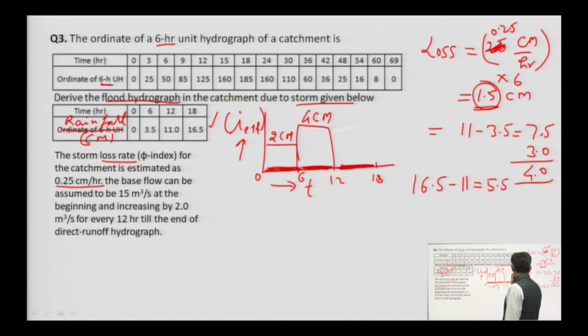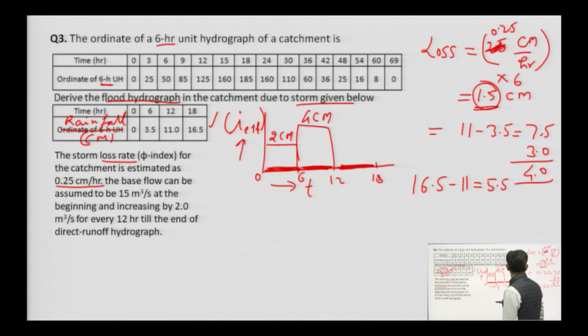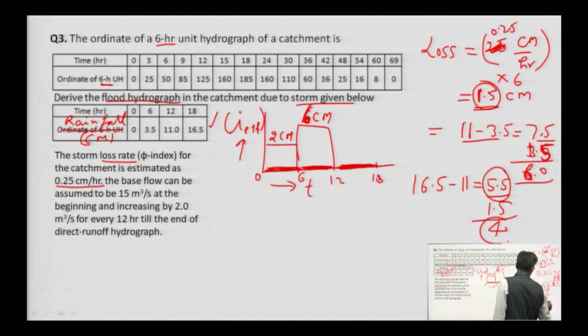So the effective rainfall is 4 centimeter.